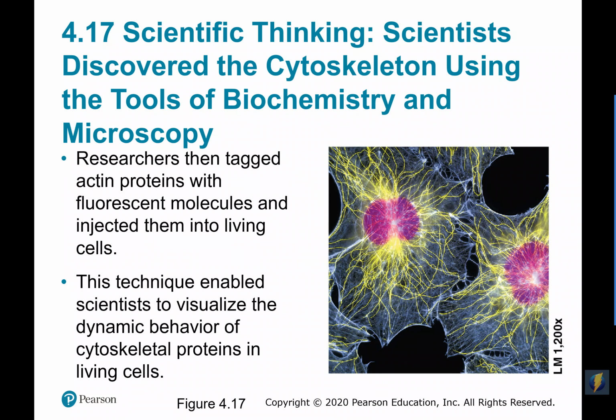They then tagged these actin molecules with some fluorescence and injected them into other living cells, and were able to get some amazing visualization of the behavior and interactions between the different cytoskeletal elements inside our cells. And so here we're using a little biochemistry, a little microscopy to really study anatomy, which is pretty cool.